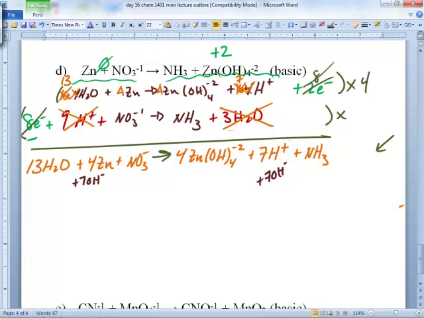And then to save myself from writing this like 3 times, I'm going to circle this, cross it out, and write what? 7 H2Os. That's exactly what I'm thinking. So I just made 7 waters.